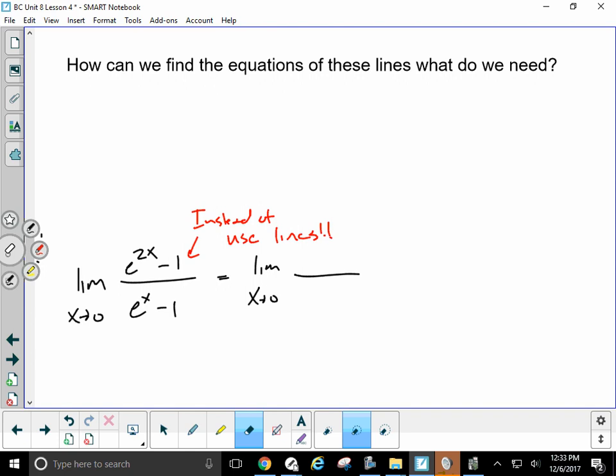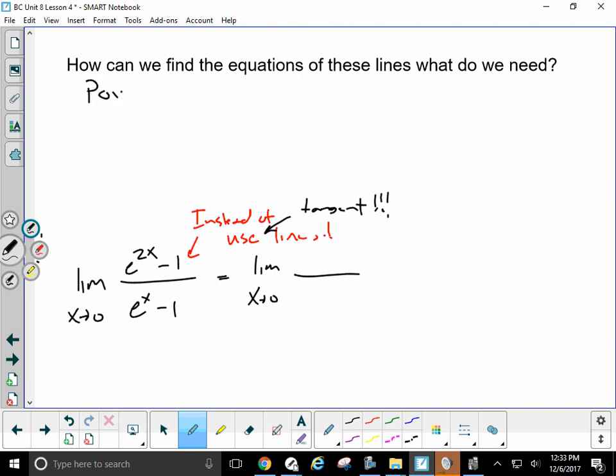And instead of using the curves, let's use the tangent lines. Not just lines, but tangent lines. So I need a point. Well, fortunately, both of these have the point 0, 0. But I also need a slope of those lines. The slope of those lines is going to be the tangent slope to the function at 0.